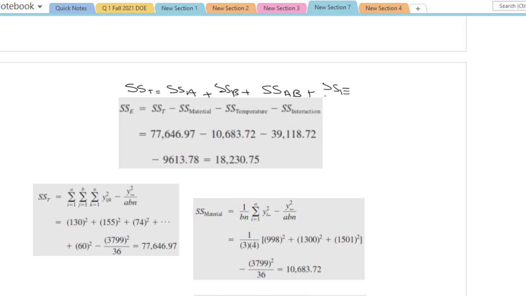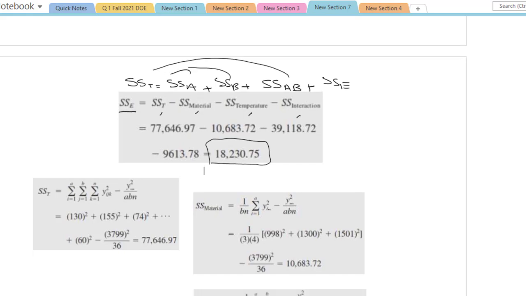In order to calculate the sum of square of the error, we will take SSA, SSB and SSAB to the left hand side of the equality sign, and calculate sum of square of the error, because these other values we have calculated using the formula, and we got sum of square of the error equal to 18,230.75.